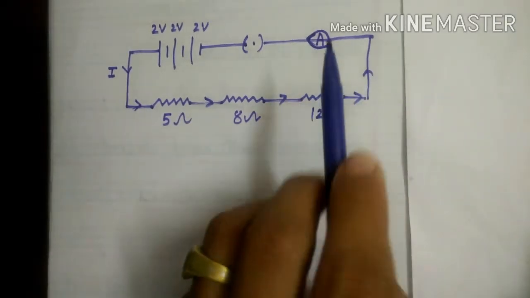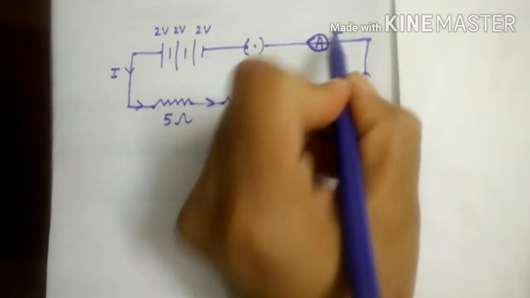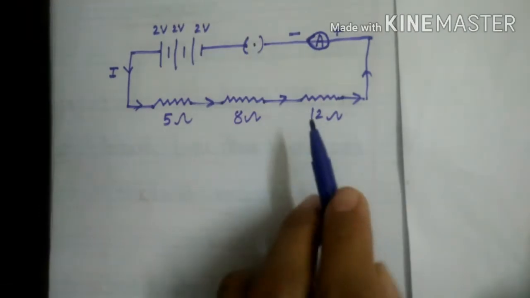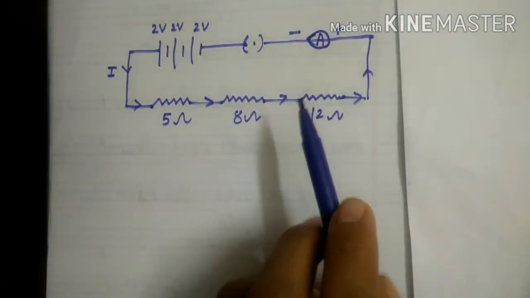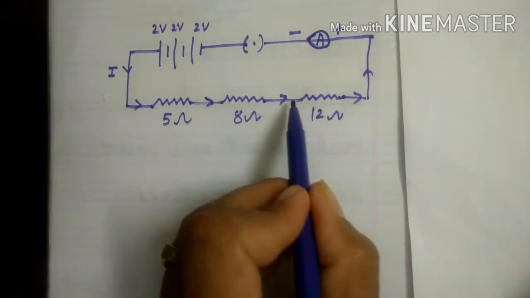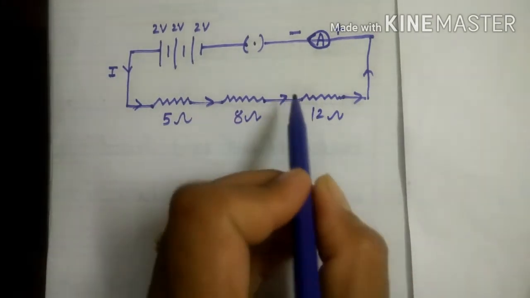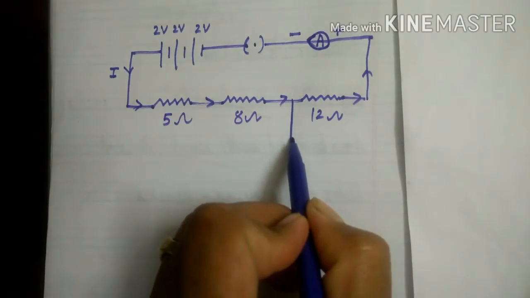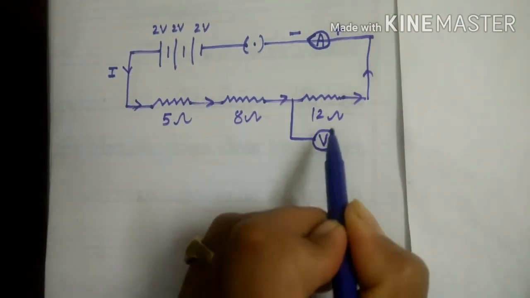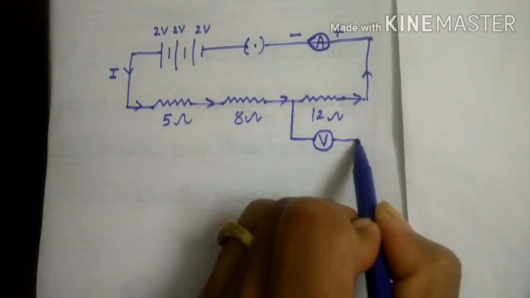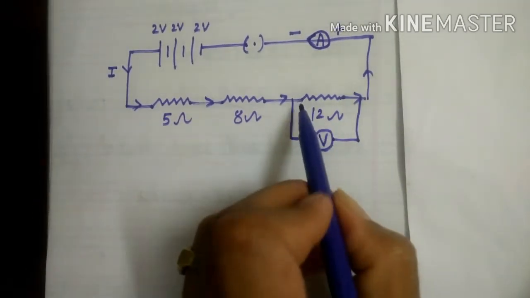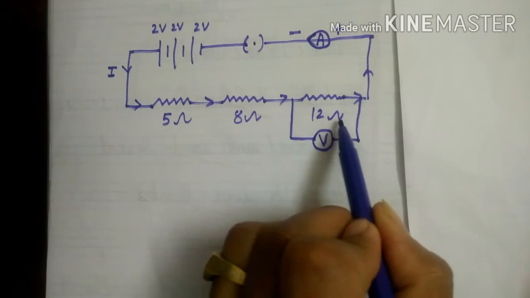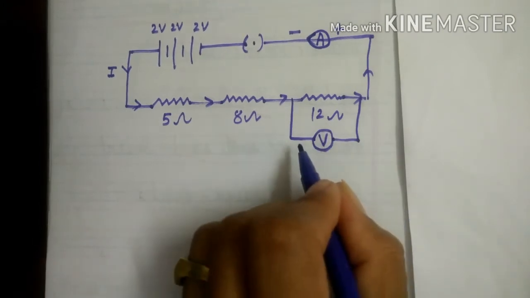We have put it here. Then the voltmeter should be attached across the 12 ohm resistor. So we will put the voltmeter here. Voltmeter is always connected in parallel. So we have attached it in parallel to the 12 ohm resistor. Is it clear to you?